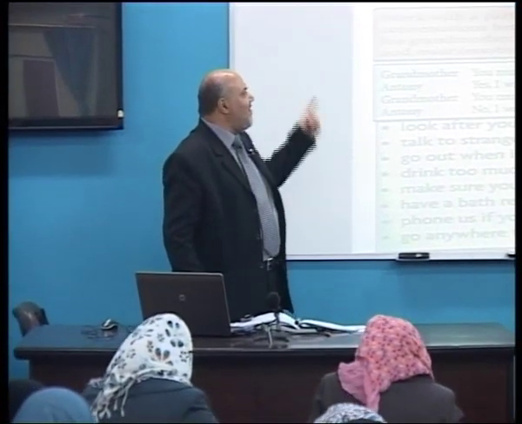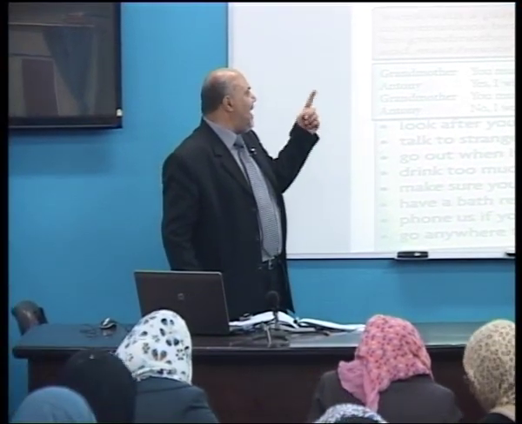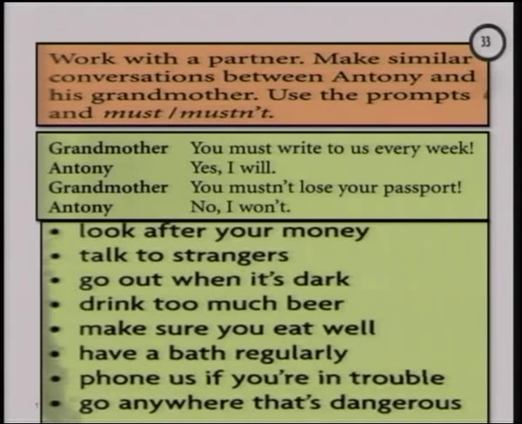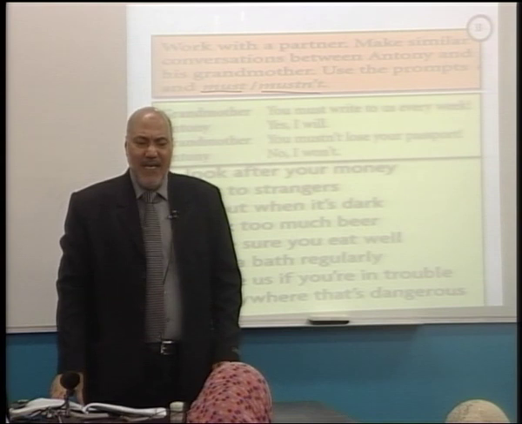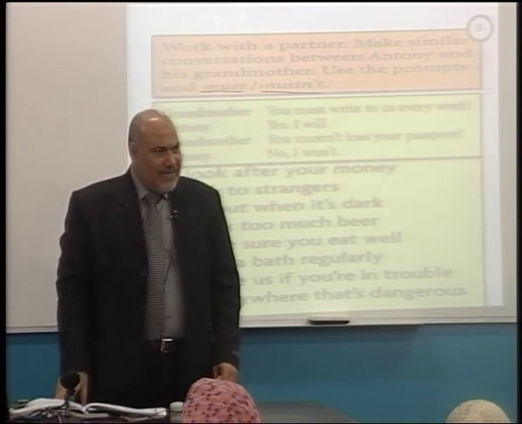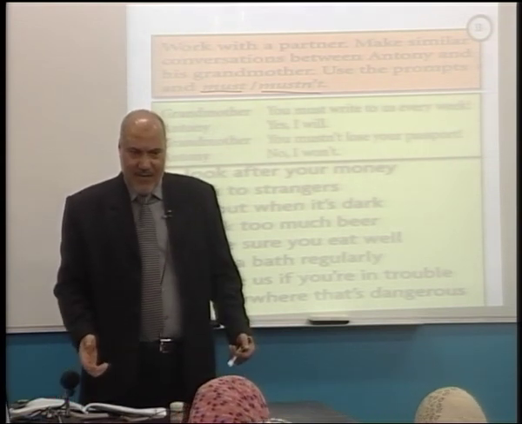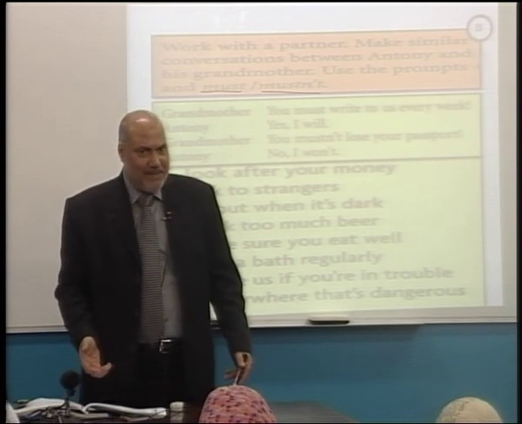So here, work with a partner. Make similar conversations between Anthony and his grandmother. Grandmother is strict. Use the pronouns and must or mustn't. Why here do we use must and mustn't? Because the grandmother is speaking to the boy and she is anxious about him.